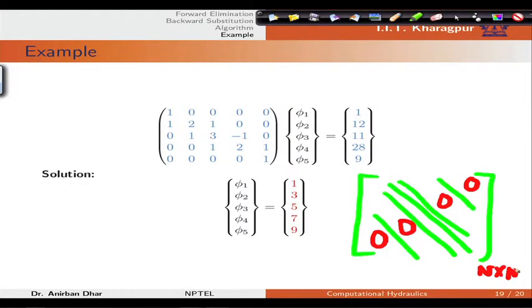We can reduce our storage by introducing different algorithms.